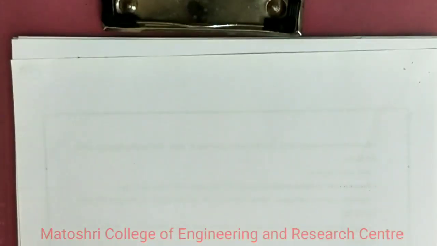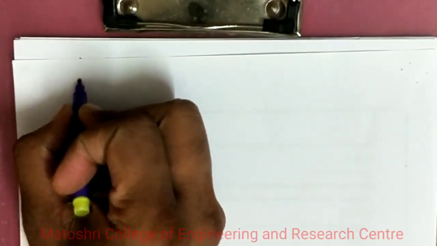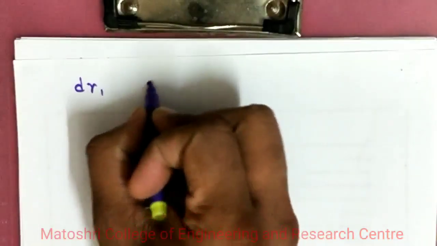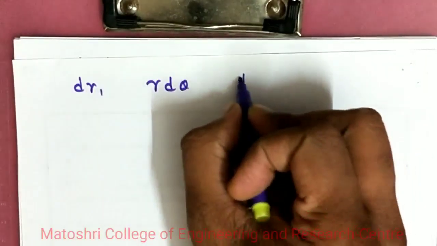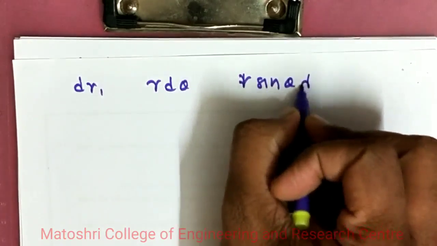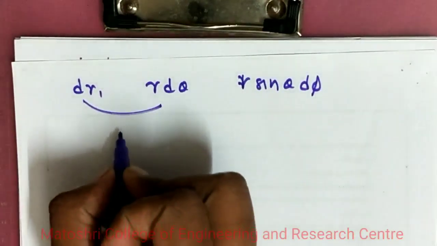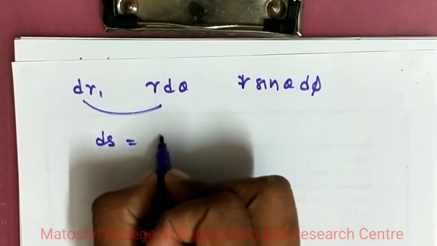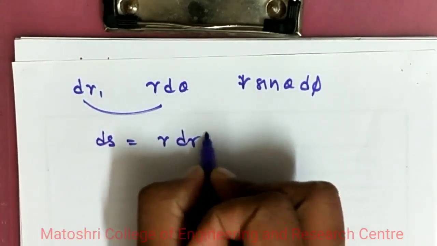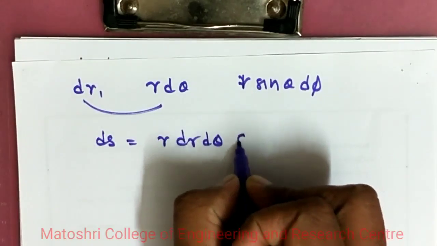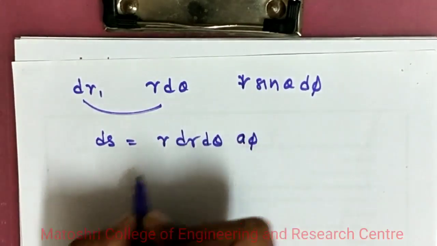The length variations are dr, r d theta, and r sine theta d phi. Varying any two coordinates gives us a differential surface. The first one is r dr d theta, with direction along the remaining coordinate, a phi.